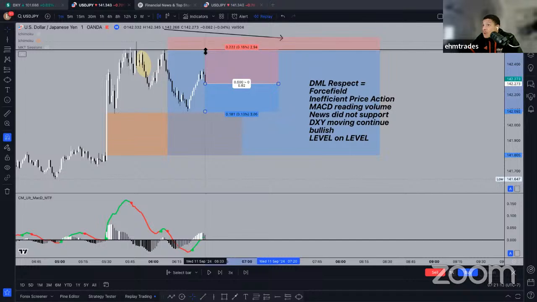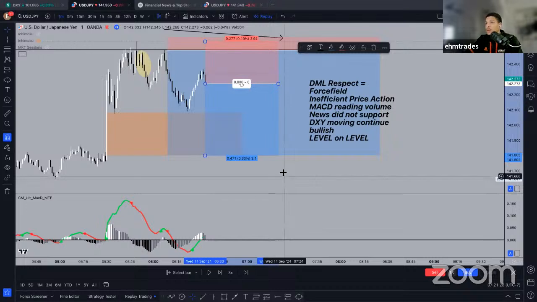Stop loss would now go to my decision making level and probably the high of right there, so that if it does come in this area, that decision making level can still respect, and possibly still hold my trade there. And then same thing, inefficiency fill. So I got one trade, I'm risking 8 to get 60. I got one trade, I'm risking 27 pips to get 47, right? Play that forward.